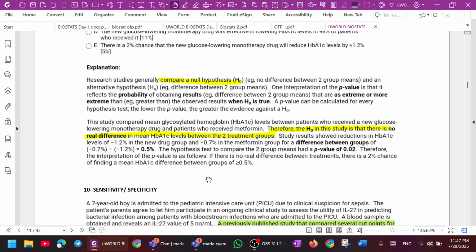Study results showed a reduction in HbA1c level of 1.2% in the new drug group and 0.7% in the metformin group, for a difference between groups of 0.5%.